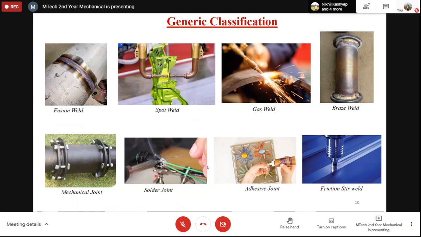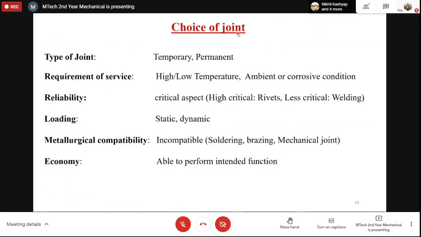So based on your requirement, the thickness of the material, the mechanical and chemical properties of the material, what type of service you want, and the nature of the material, you will use a different type of joining. So what is the choice of joint?